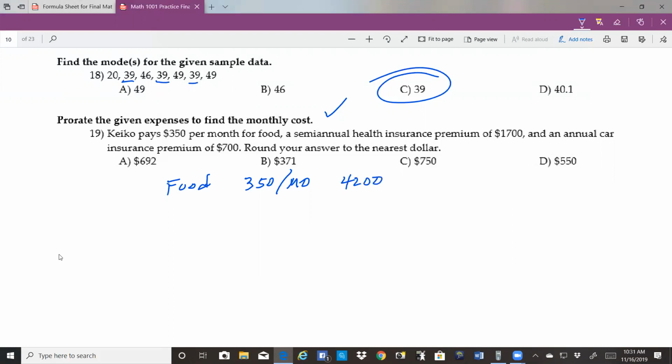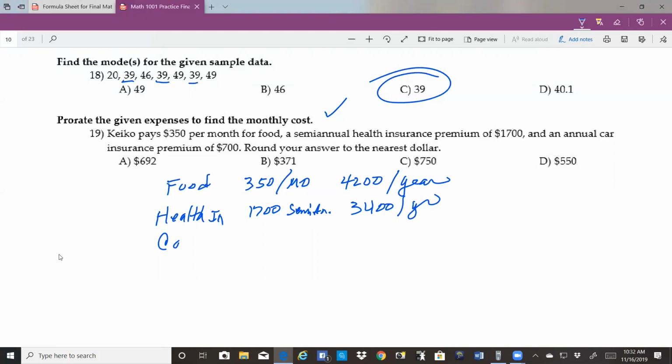So 12 times 350 is $4,200 per year. The health insurance is $1,700 semi-annually, and that would be $3,400 per year.